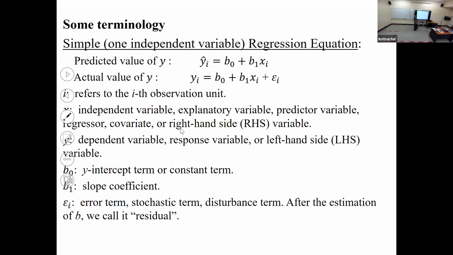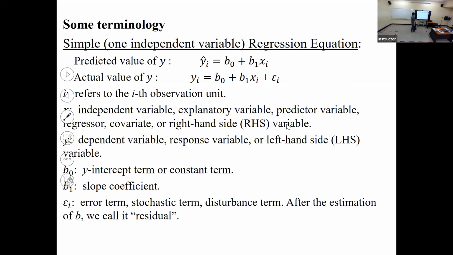Okay, now x. X, I already said, is an independent variable. But there are other names as well, other terms. For example, explanatory variable, because x kind of explains the y value. Now, predictor variable. Yes, x is a predictor of y.